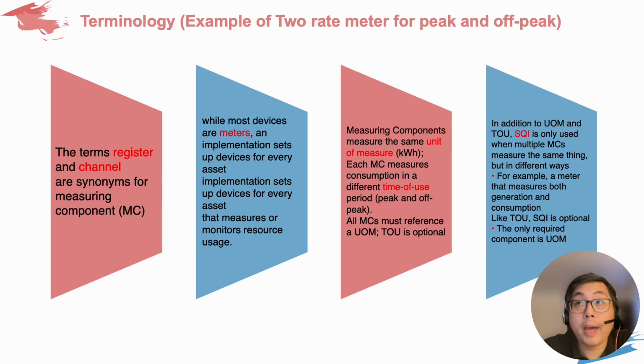In terms of assets, we can categorize that into metered or unmetered. For a metered asset, which normally is just a meter, that will be modeled as a device. But for an unmetered asset, normally what we can do is model that as an item.